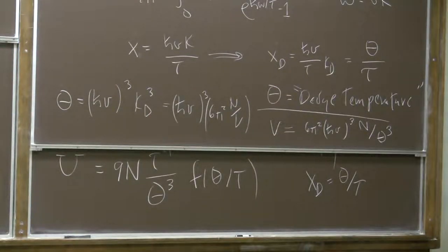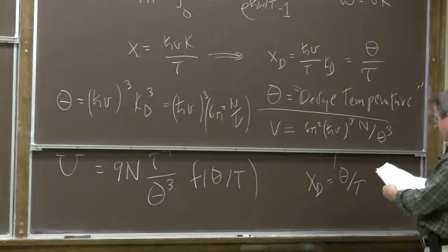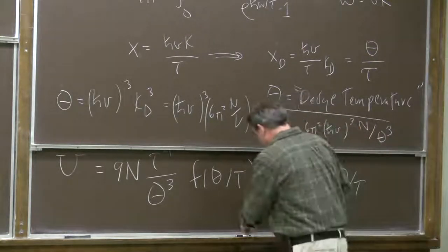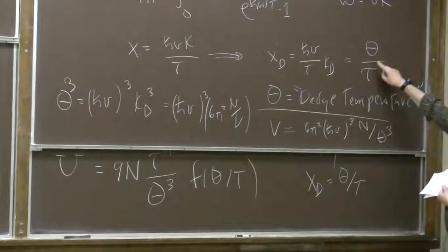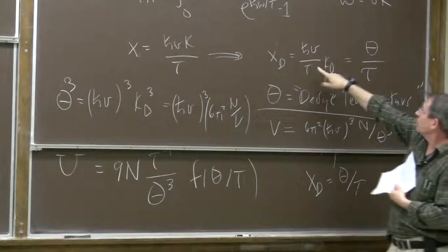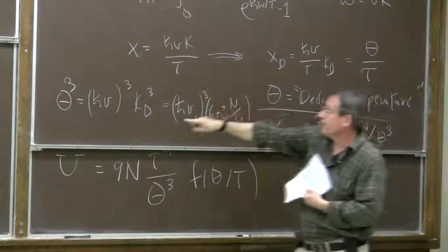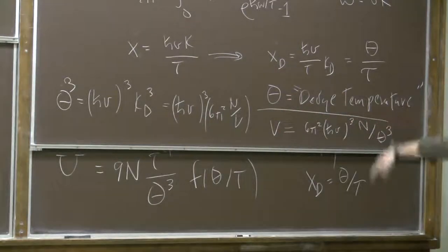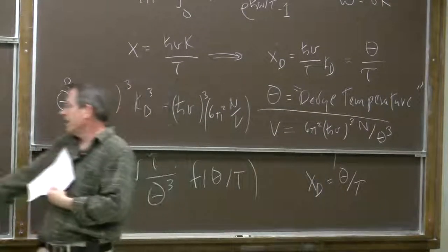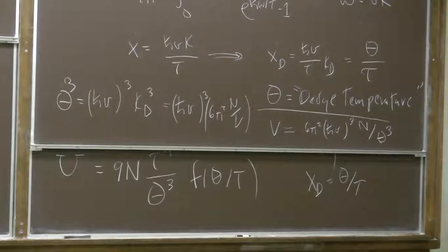I guess that was supposed to be theta cubed, right? Sorry. Thank you. So I said theta is equal to h bar v k Debye. Theta cubed, therefore, h bar v cubed, k Debye cubed. And then I used the expression for k Debye cubed that we got here by matching two different ways of counting the total number of modes. Yeah, it's theta cubed. Thank you.